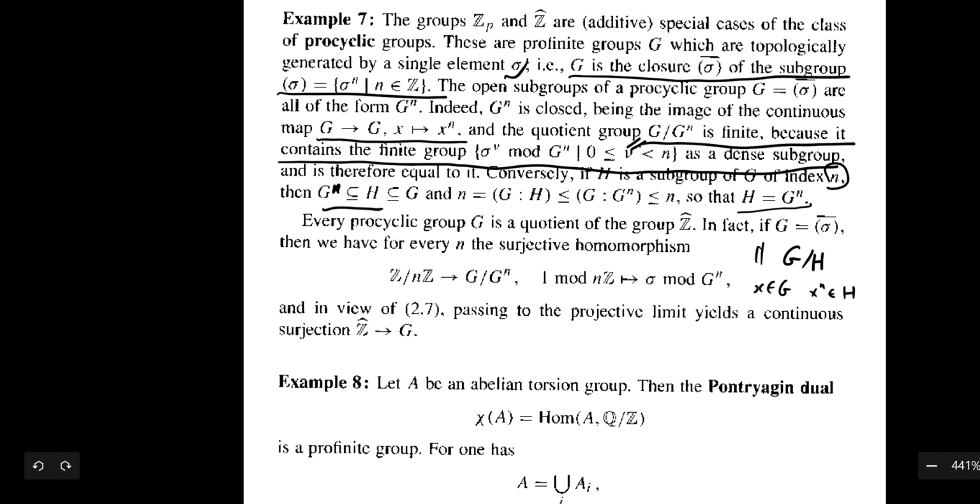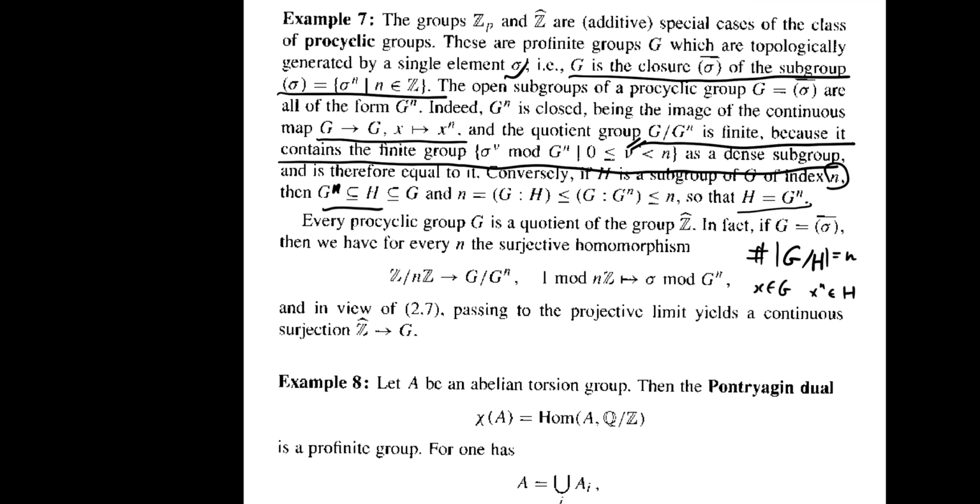Okay, so this is order n. Yes, there is no problem if I say this is cyclic because this is a topological generator.